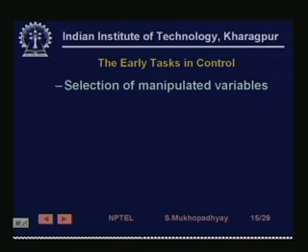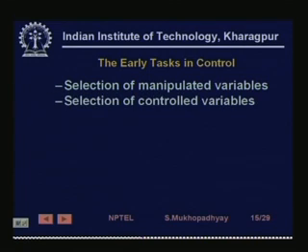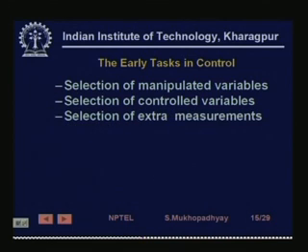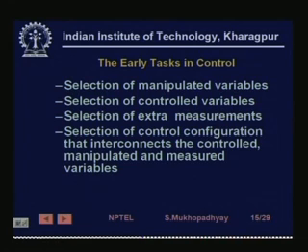First of all, selection of manipulated variables, which variables are to be manipulated; selection of controlled variables, which variables are to be controlled; selection of extra measurements sometimes required for achieving good control performance, like disturbance rejection, as we have seen in the case of cascade loops. So, how are you going to do the cascade, which variables you want to sense and feed as an inner loop feedback, you need to understand that.